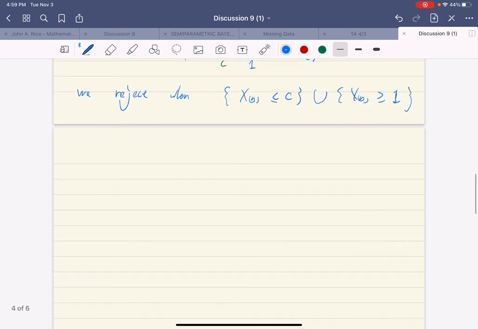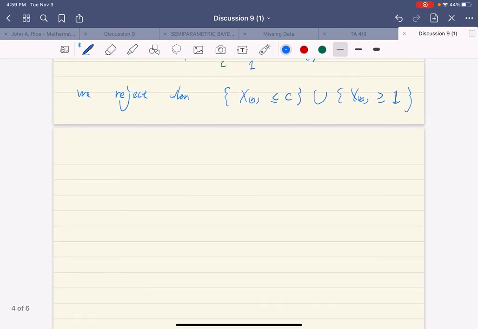Now we have to find C alpha. We can find the probability of rejection under the null, so it's the probability that Sn is smaller than C or Sn is greater than 1 under the null.